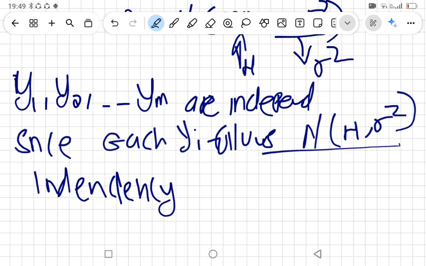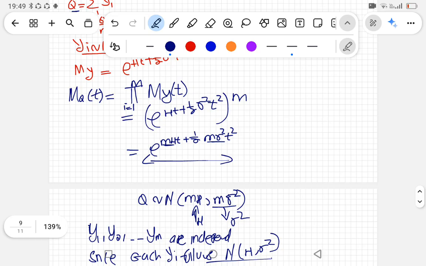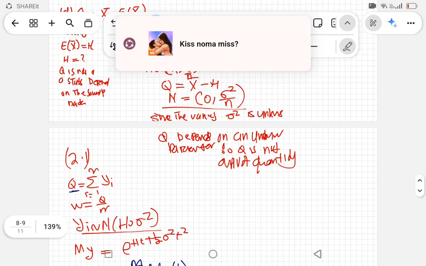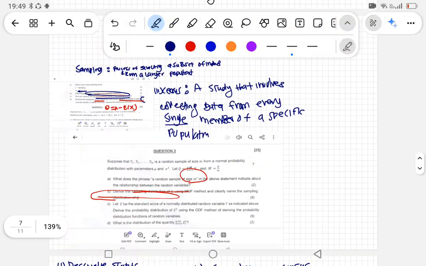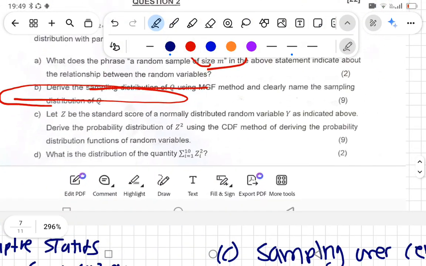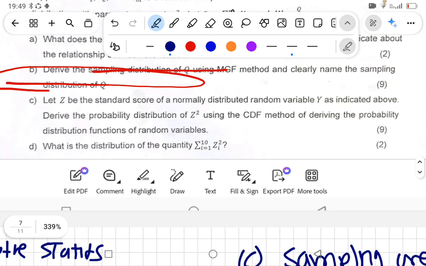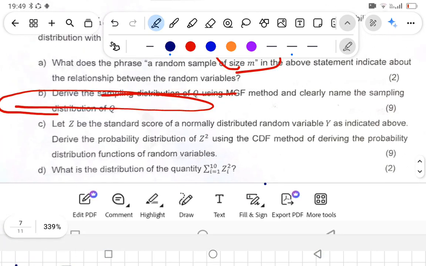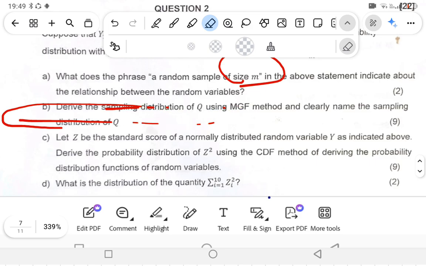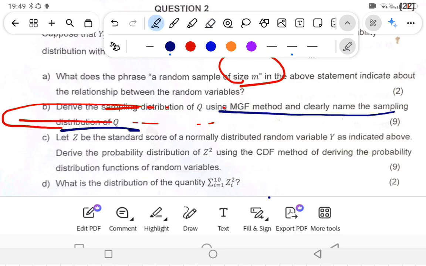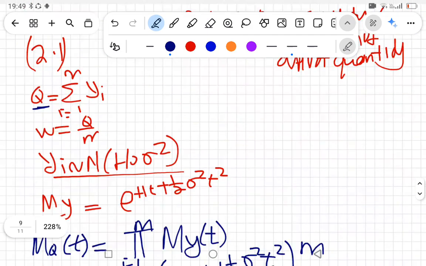This is what they wanted on this question, for us to show this, but we'll discuss more of this. And then they say we want to derive the sampling distribution using the MGF method of Q.